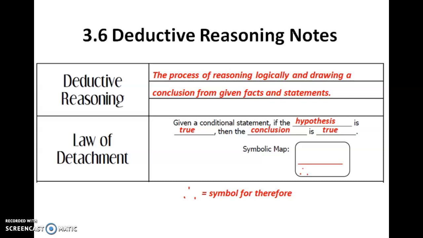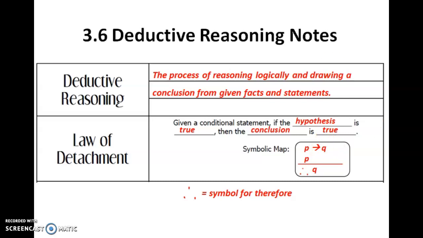So this is saying symbolically that if I have an if-then statement, if P, then Q, and P is true, then these three dots represent the word therefore. So therefore, Q is also true. So given an if-then statement, if they tell us the first part is true, we can conclude the last part, our Q statement, is true.